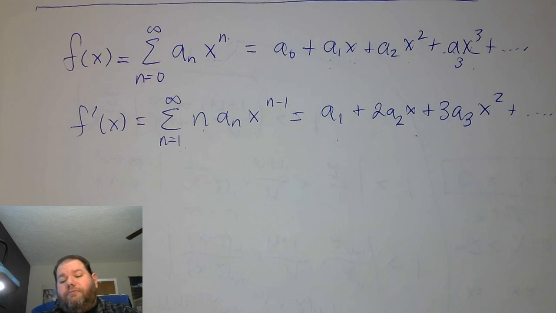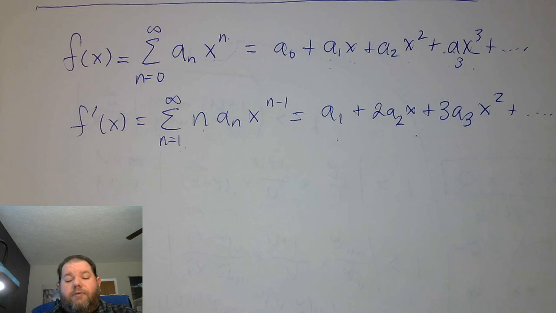However, depending on the power series, if n equals 0 would not result in a negative exponent, then we would want to leave it there. And in that case, we would not increment the starting value.